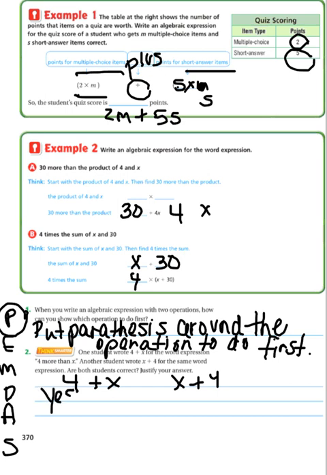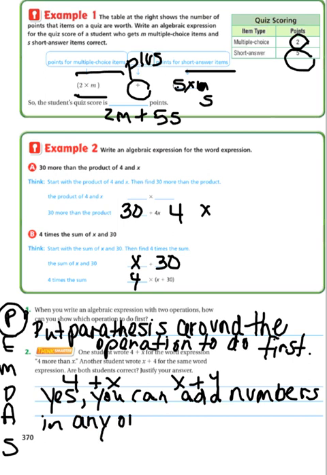So we're going to say yes. You can add any numbers in any order, and the sum is the same.